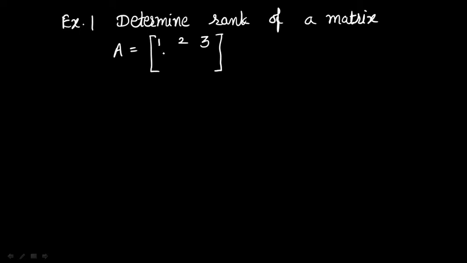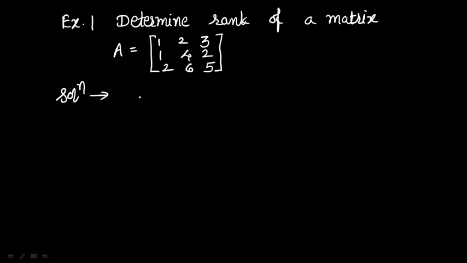Second row 1, 4, 2, and third row 2, 6, 5. Now here we have to determine the rank of the given matrix.